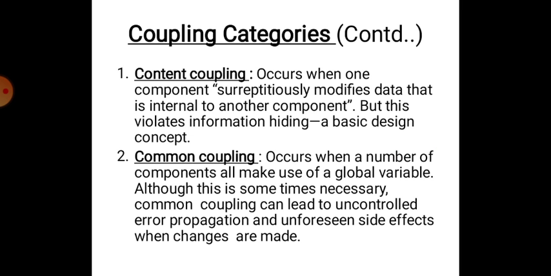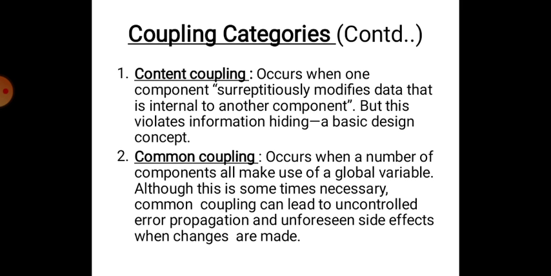Information hiding means what? One type of information should not be made available to another or unauthorized access. But here in content coupling, it occurs when one component surreptitiously modifies data that is internal to the other component.